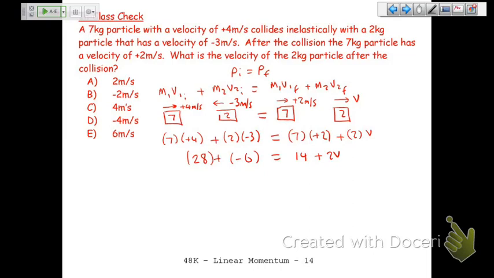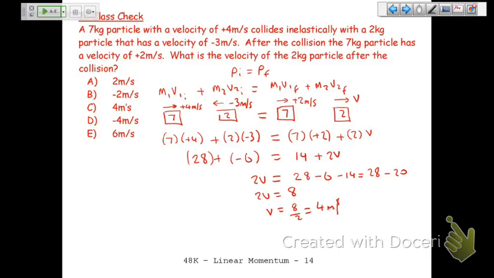So I get 2V is equal to 28 minus 6, that goes to the other side, minus 14, which equals 28 minus 20, I think, if I did that right. So 2V is equal to 8. So V is going to equal 8 over 2, which equals 4 meters per second.